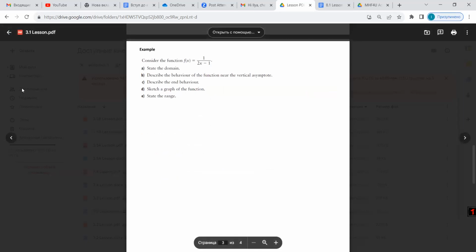For example, we are going to consider a function f of x equals 1 over 2x minus 1. The domain of this function would be x, rational numbers, excluding the case when the denominator equals 0.